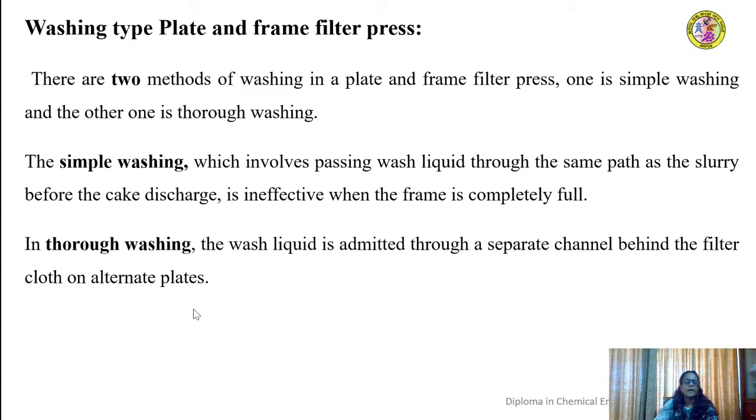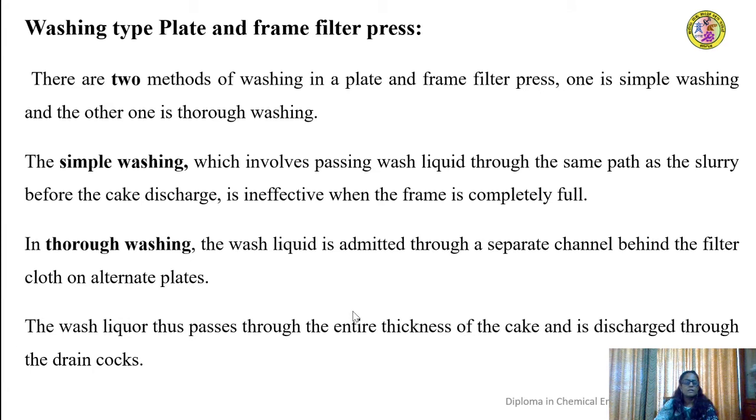So if you can have that kind of arrangement, then the wash liquid will flow completely through the bed of the filter cake, and that kind of washing will be more efficient compared to the simple washing that we have already seen in the construction, just that we have seen just now.